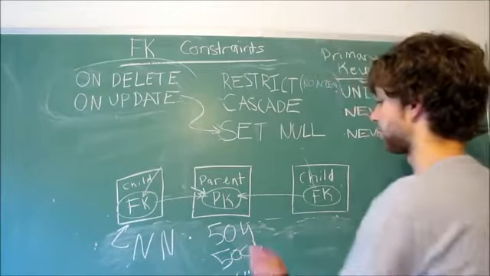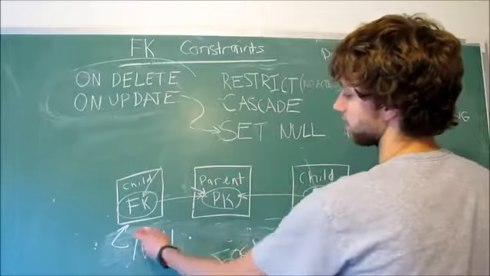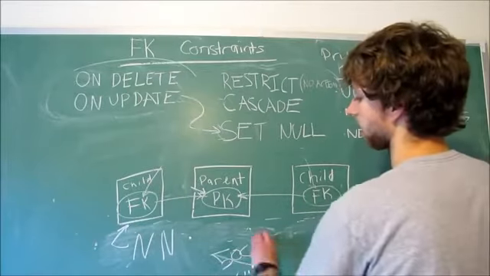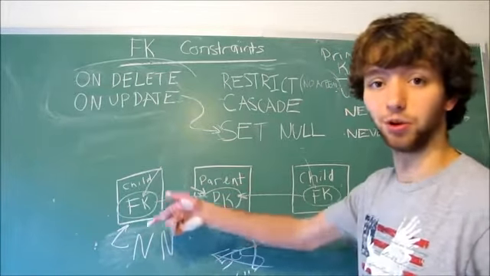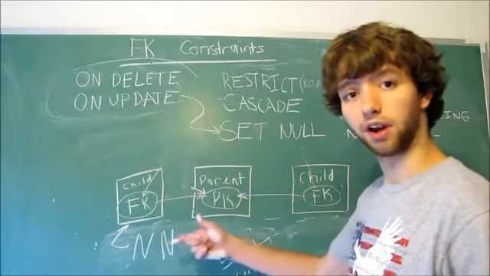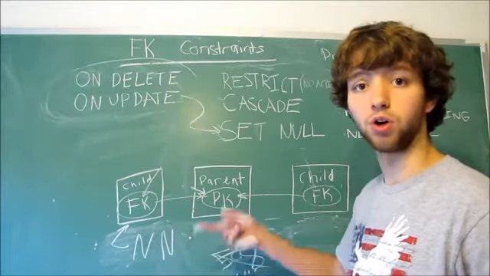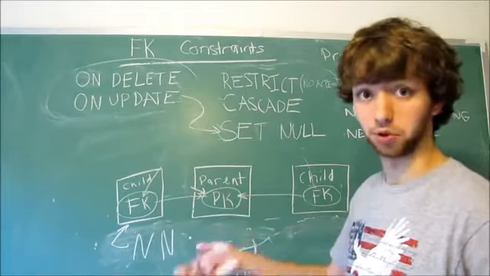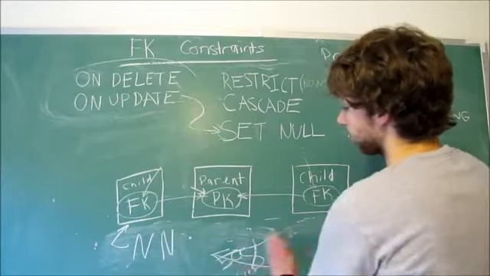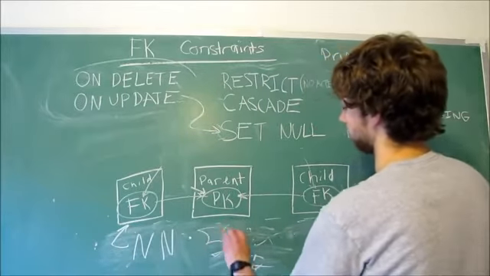If we change 504 to 508, and this is not null, it's going to fail, because we can't set it to null, since it has the not null characteristic, which means every single row has to have a value for that attribute or column. So it'll give an error, and it'll go back to how it was.